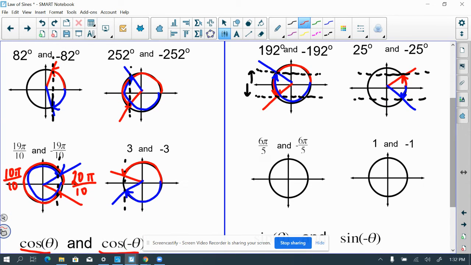So what's my conclusion? Okay, 6 pi over 5. Well, there's 5 pi over 5. So 6 pi over 5 is just 1 pi over 5 more. It's about there. Negative 6 pi over 5 is about there. Again, there's sine values. However far I went up to get one, I went down to get the other.